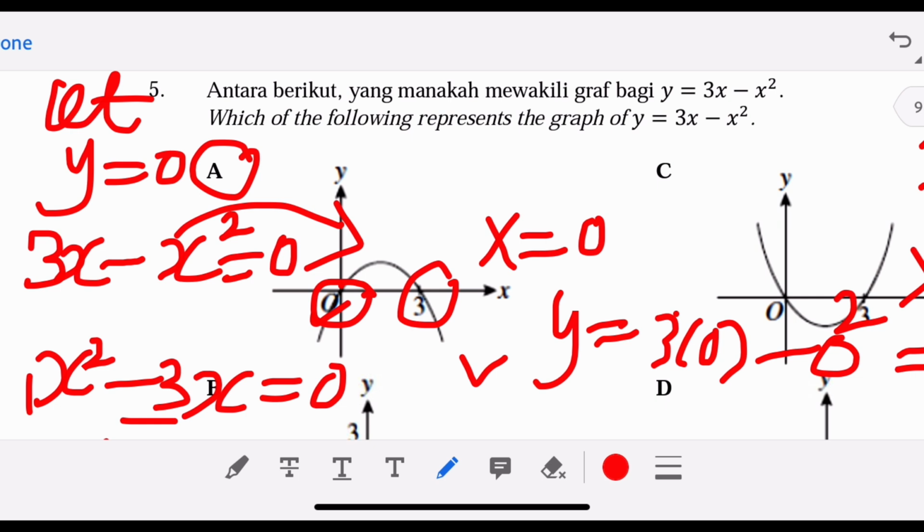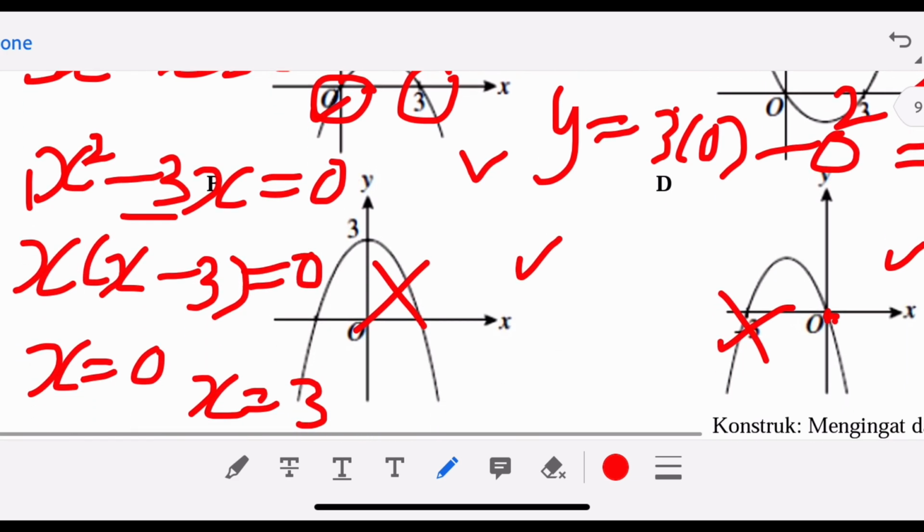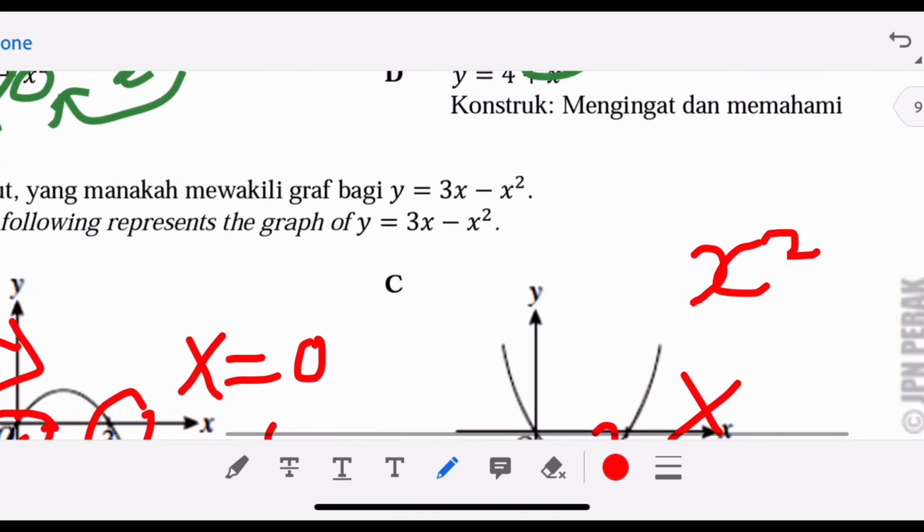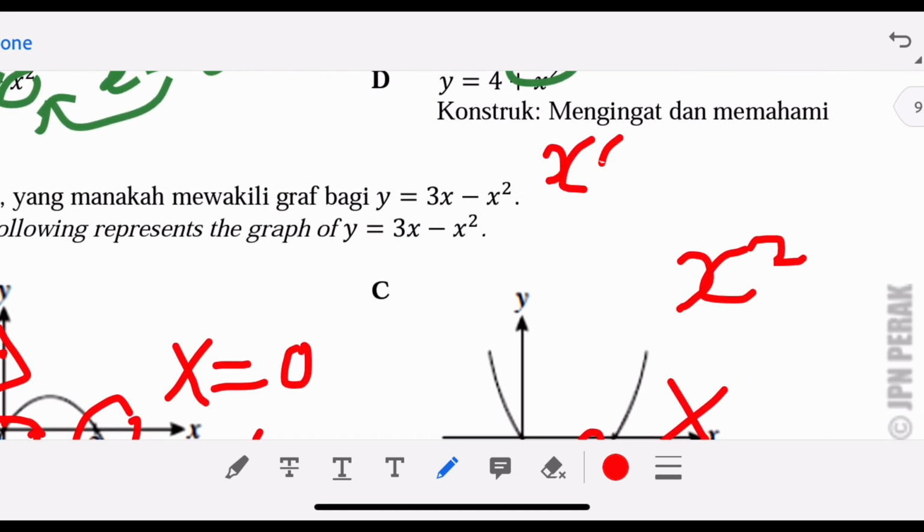So that means for quadratic functions, they will ask you either to identify the shape, or maybe they ask you to find the x-intercept or y-intercept, right? Okay, so you see, if you factorize like this, x(3 minus x) equal to 0, right?